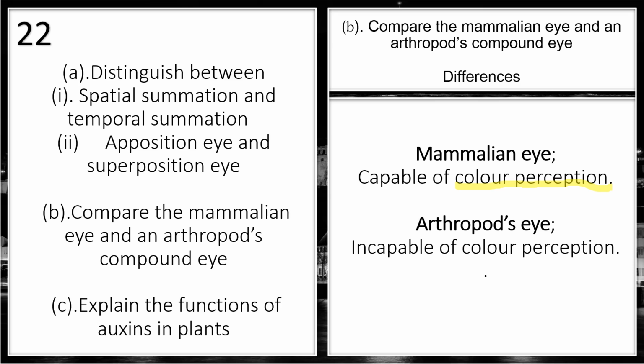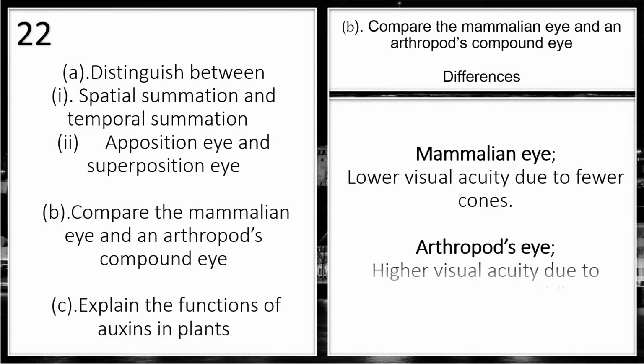Arthropod eye is incapable of color perception. The mammalian eye has low visual acuity due to fewer cones. Arthropod eye has a higher visual acuity due to numerous ommatidia.